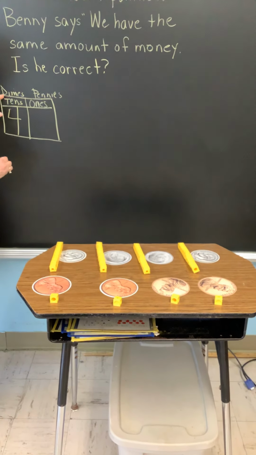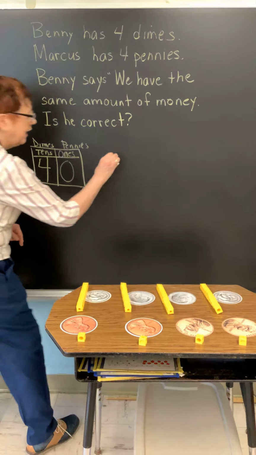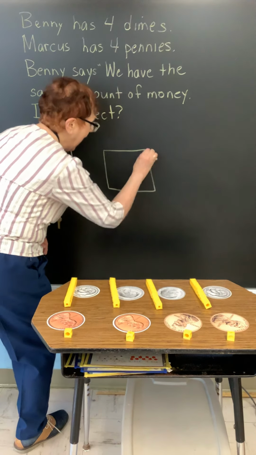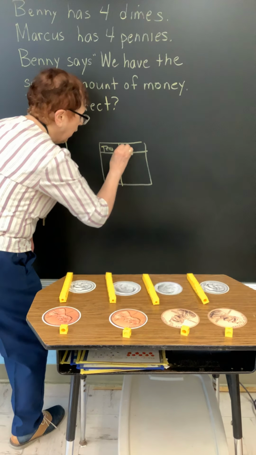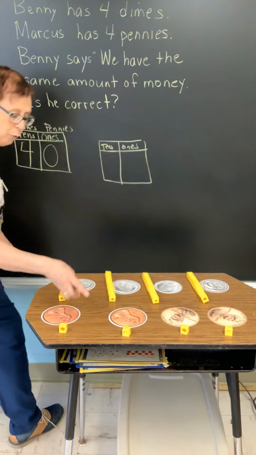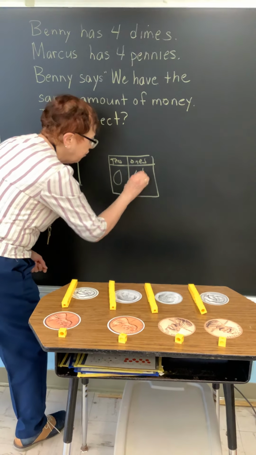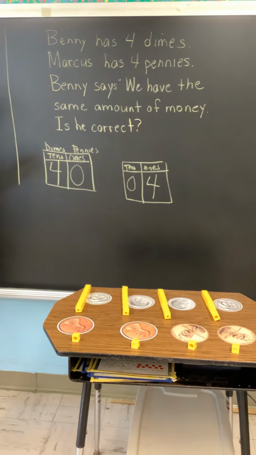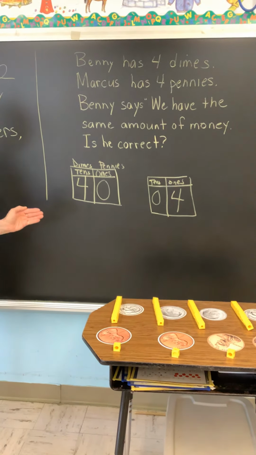Benny has 4 dimes and no pennies, and Marcus has, so let's put tens and ones. He has no dimes, look, no tens, but he does have 4 pennies. So are those the same? Is Benny right?